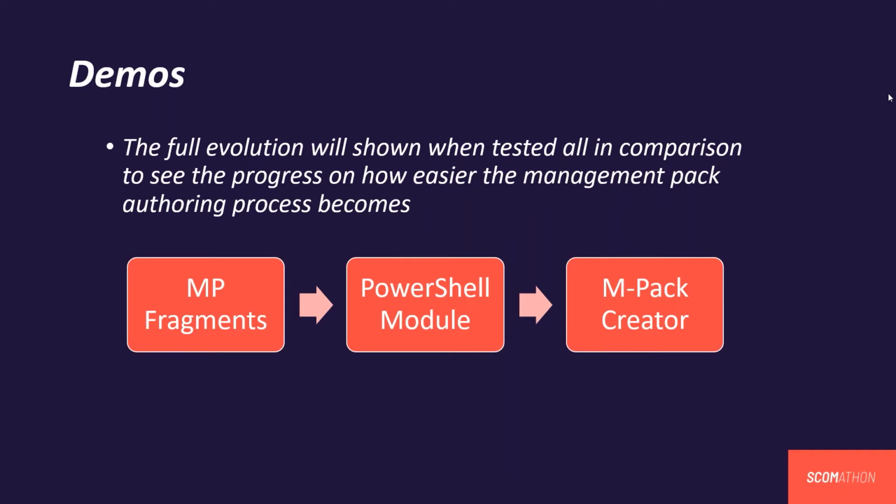Then we'll show the benefits of the PowerShell module, the SCOM management pack creator as well, and we can see the differences between the fragment way and the module way in terms of a change in the level of simplicity. And then we'll go right into the Impact Creator, where we can tie up all of the benefits of everything into one solution overall to top off the full evolution of the whole management pack authoring process. Sounds good to me.